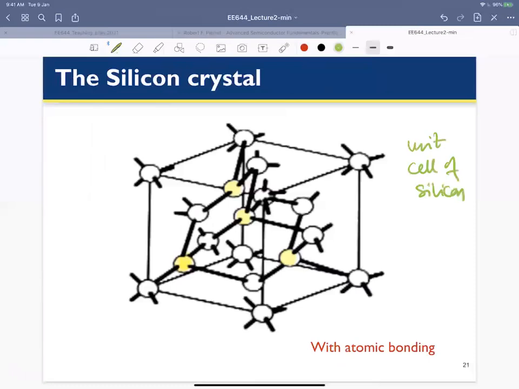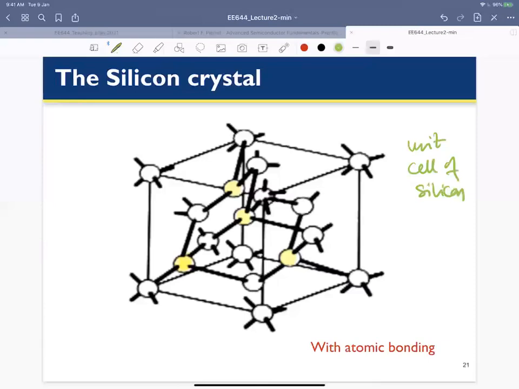Let's say you want to find the band gap or metal properties of silicon, then you need this unit cell. For that, you have to tell that this is a diamond cubic structure, and you have to give the distance between the atoms, how the atoms are placed.